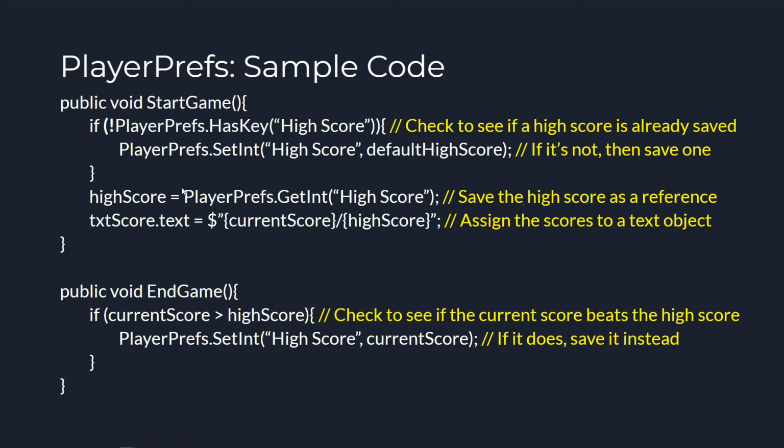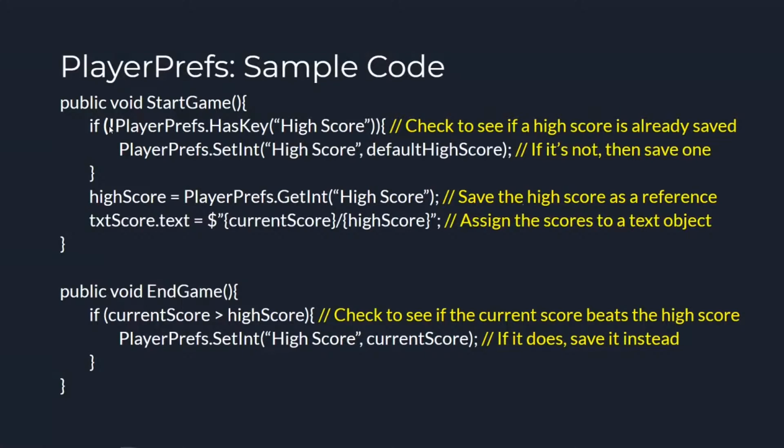So this is what it would actually look like. This is one of these lecture notes that are going to come real handy as a reference if you want to see it. So for example, this is kind of overly complete. This will actually check the key first if you wanted to. Let's say during the start of the game, check if there is no key for high score. It's not entirely necessary, but this is just being explicit so you can see what it would do.